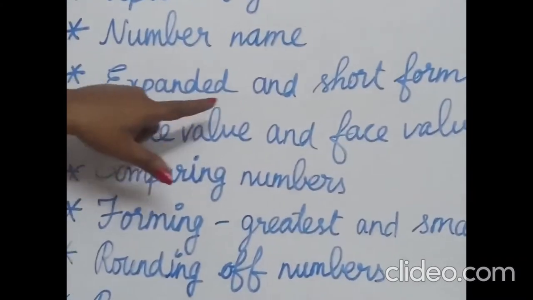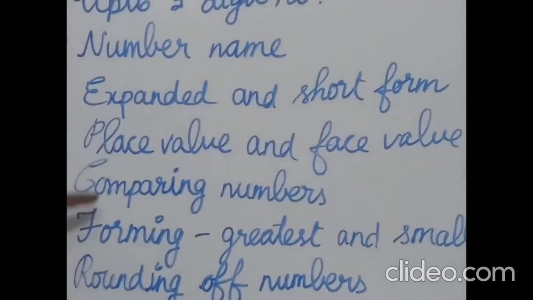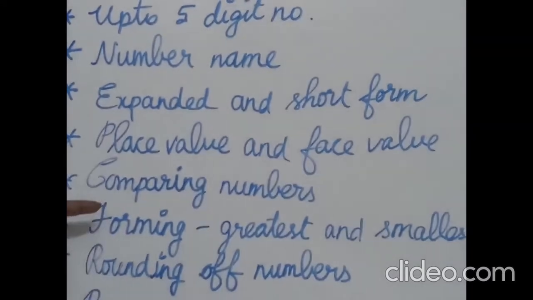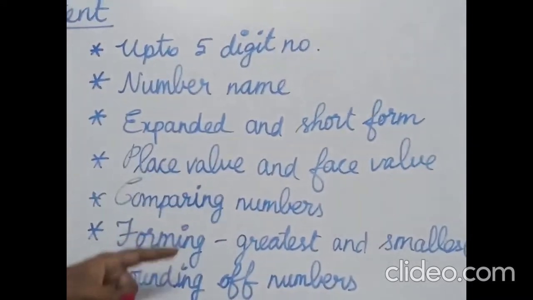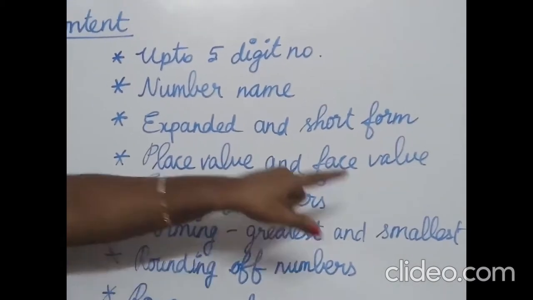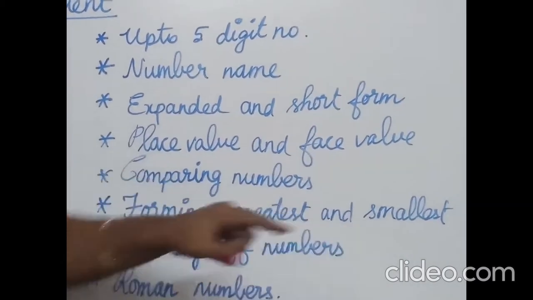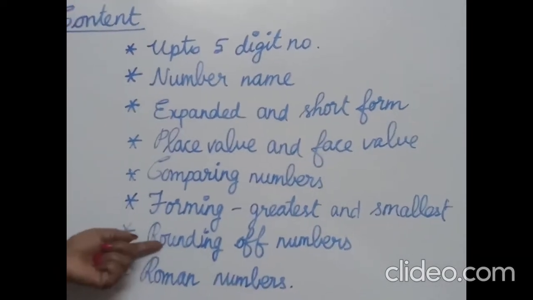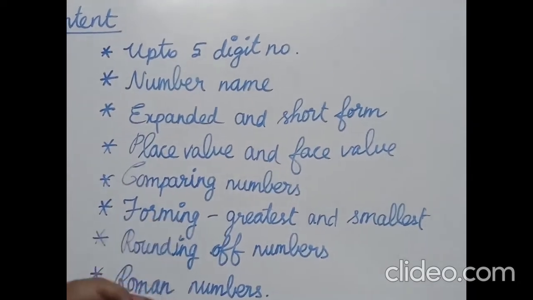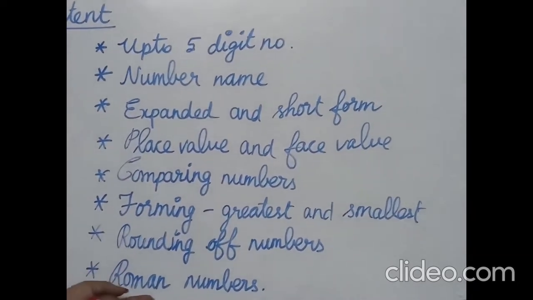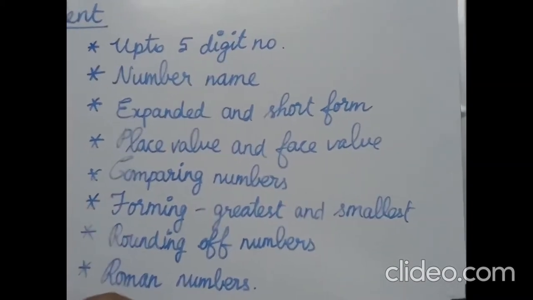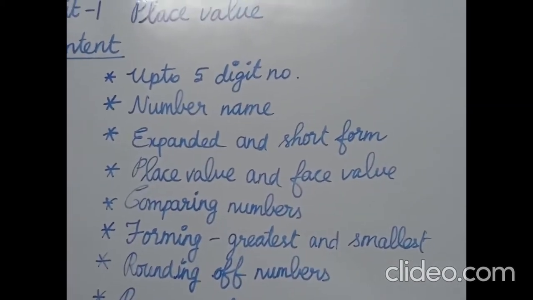Next, expanded form and short form. Place value and face value. Next, comparing numbers. Next, forming the greatest and the smallest number using the given digits. Next, rounding numbers up to 10, 100 and 1000. Finally, we have Roman numerals. So these are all the contents we are going to learn in the first unit, children.